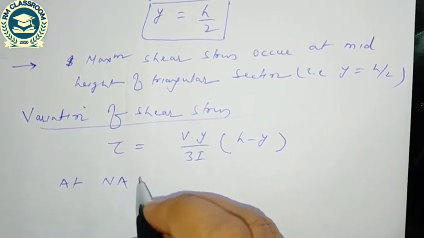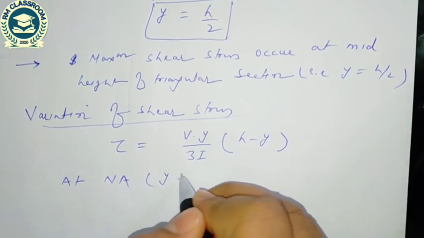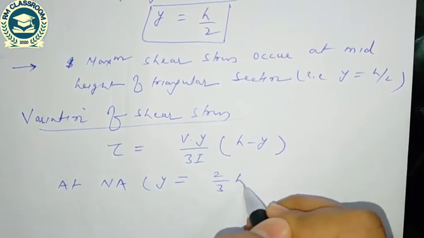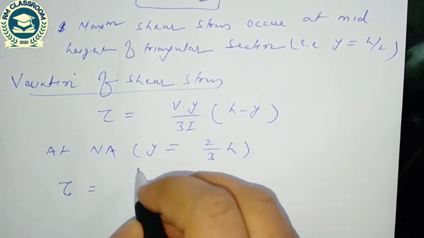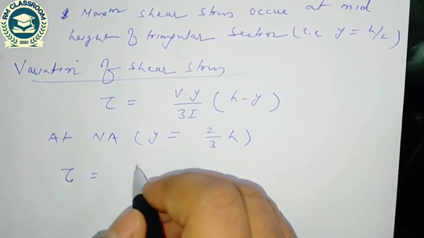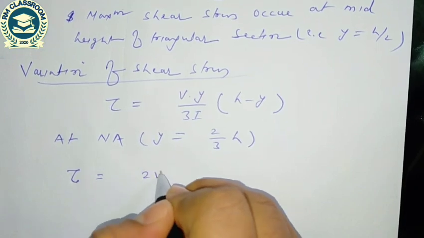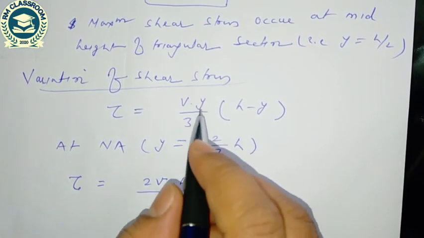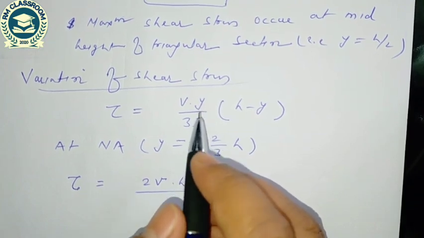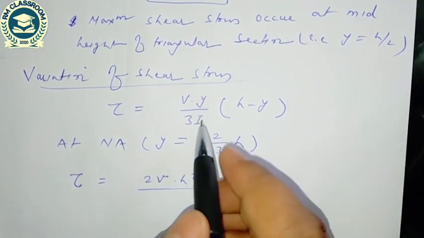So at the neutral axis, y is equal to 2/3 of h. So put the value of y is equal to 2/3 of h. So it is coming 2V h square, and putting the value of moment of inertia, bh cube by 36.